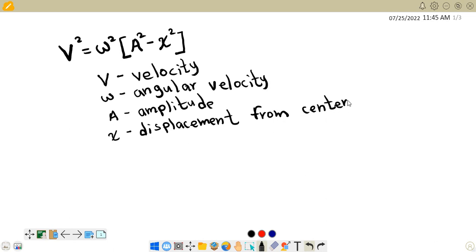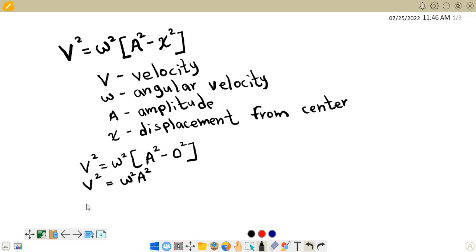We can derive an expression for the maximum velocity. We know that at the center, the x value is 0. Then our equation becomes v squared equals omega squared into a squared minus 0 squared at the center. Then v squared equals omega squared into a squared.